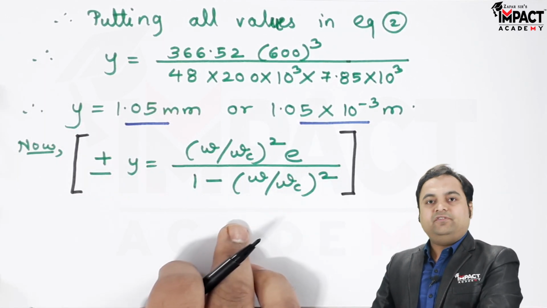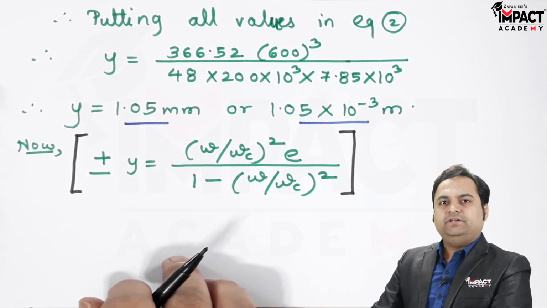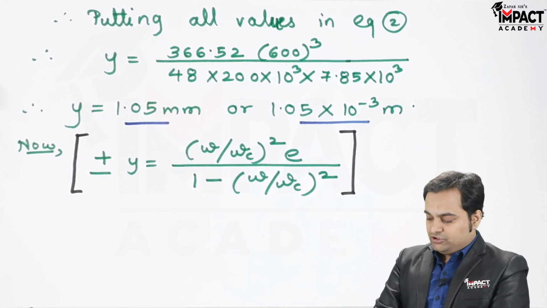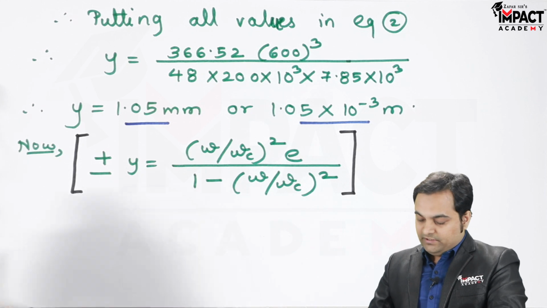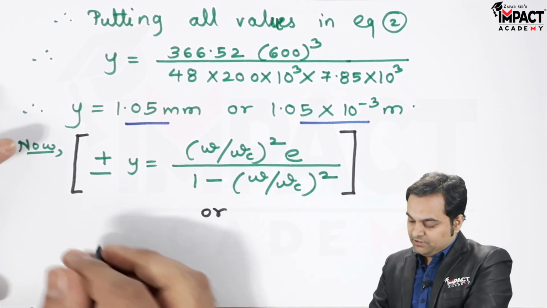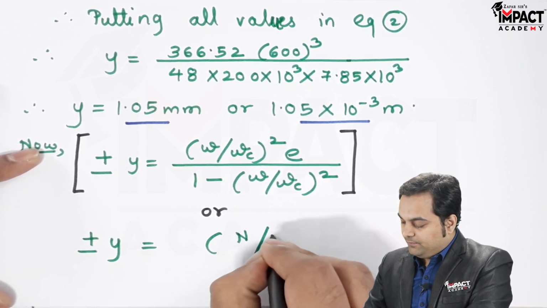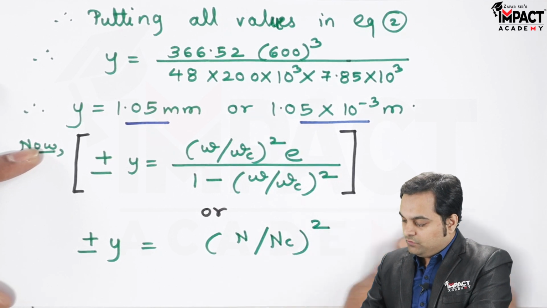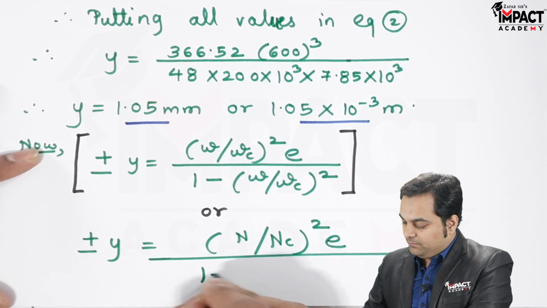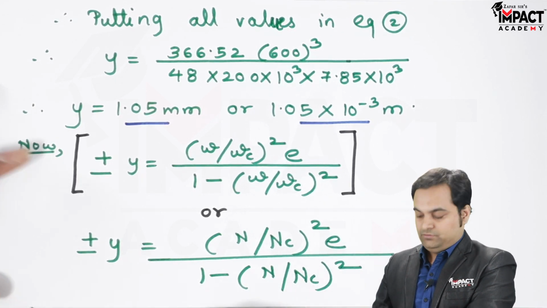Now this formula is in terms of omega, which is the angular velocity. The same formula can be written in terms of the rotation, in revolutions per minute. So the same formula I'm going to write in this way: plus or minus Y is equal to N upon NC whole square into E upon 1 minus N upon NC the whole square.